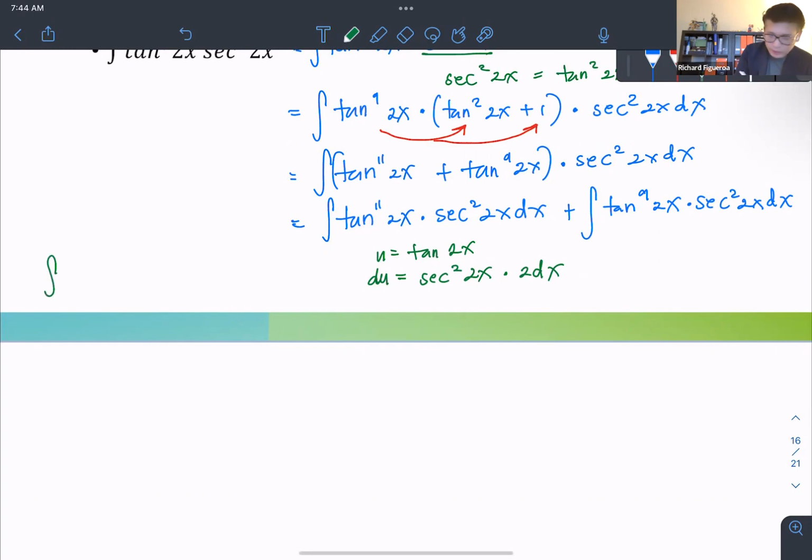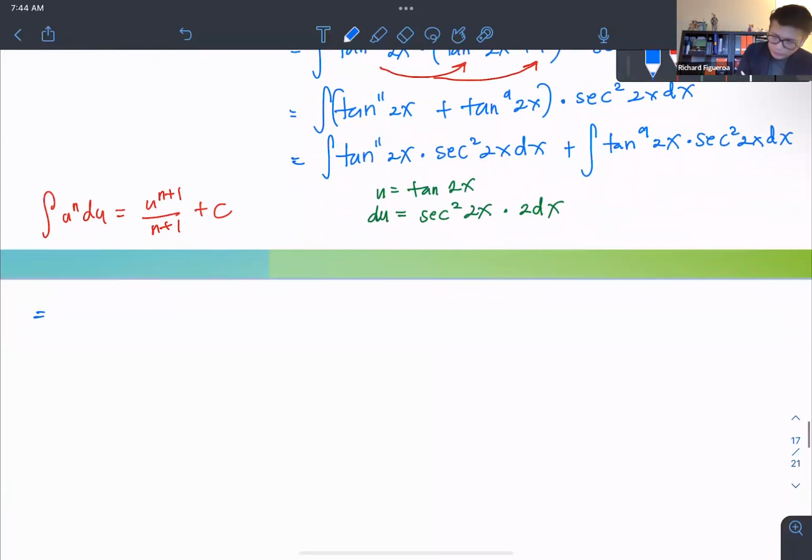The formula is just the power rule: the integral of u raised to n du is u raised to n plus 1 over n plus 1 plus c. So we transform that to the integral of tangent, where our u is tangent 2x and n is 11. du is secant squared 2x times 2 dx.